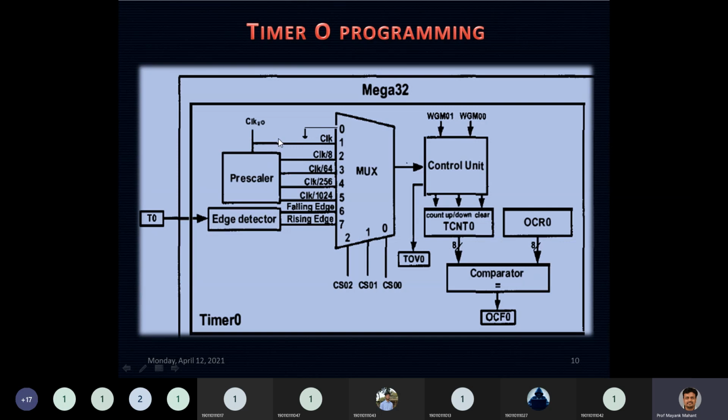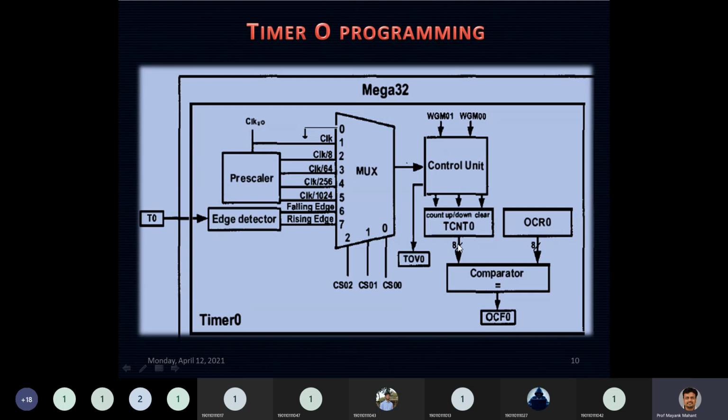So in the previous example that we have talked about, let's say that my crystal is of 1 megahertz. So every tick would be 1 microsecond. If I talk about this TCNT, it is only an 8-bit register because your timer 0 is an 8-bit timer.